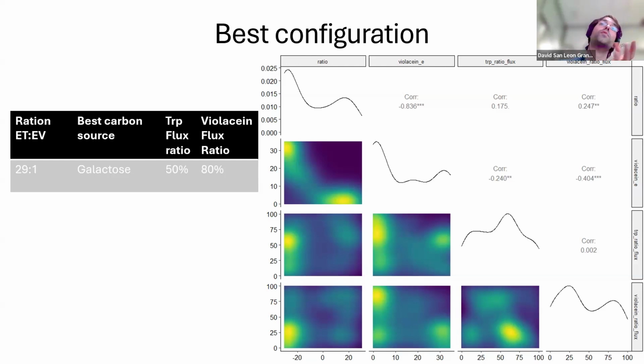The thing that varied a little bit is the flux ratio of tryptophan and violacein, because in our case the ratios are a little bit higher than they measured in the project. But of course, not always are they related with metabolic fluxes, maybe they are related with other regulatory interactions, but the results are relatively similar to what we expected.